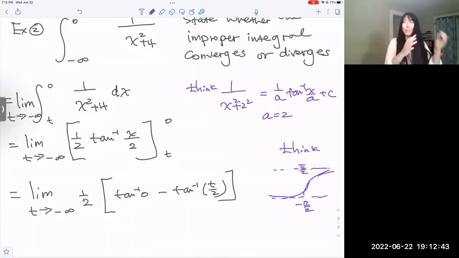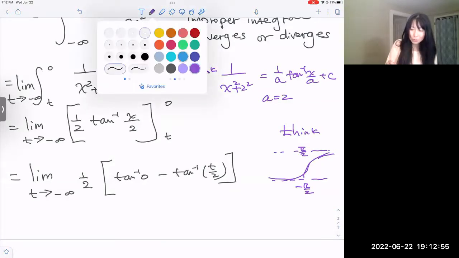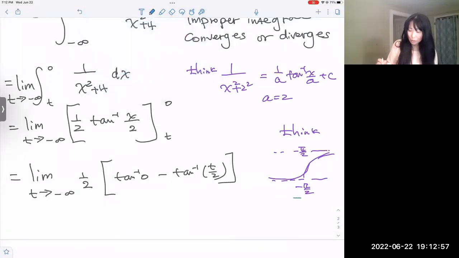Like tangent turned sideways. So when t approaches negative infinity, we follow the graph. What is the behavior of the graph?